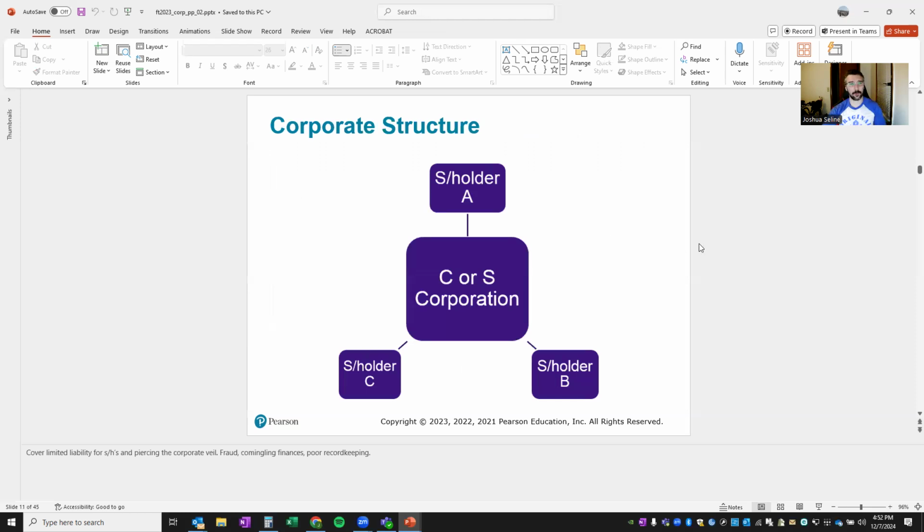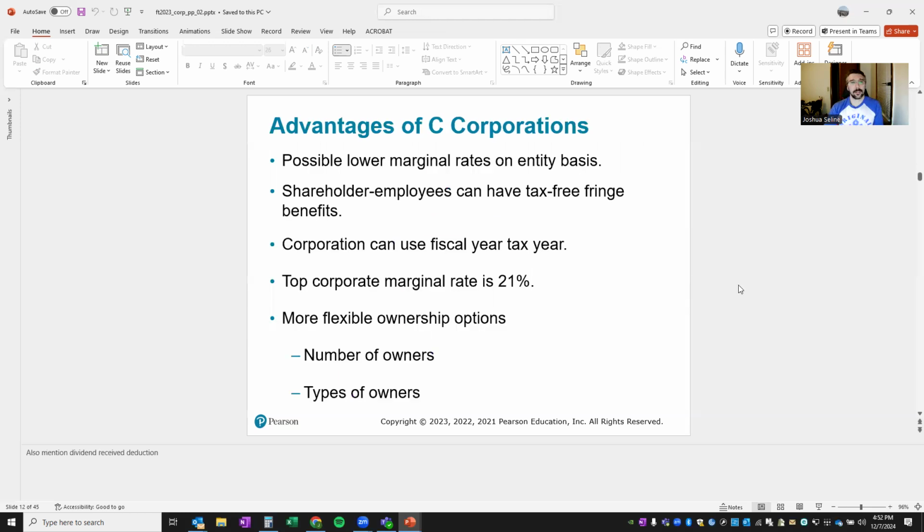Now we're getting into corporations. So you've got shareholders, they make up the corporation. So advantages of the C Corp, different than an S Corp. We'll get to S Corp in a little bit here. Possible lower marginal rates on entity basis. Again, it's 21%. You could have shareholders well into the 37% bracket. So with the 21%, you'd be recognizing a tax savings.